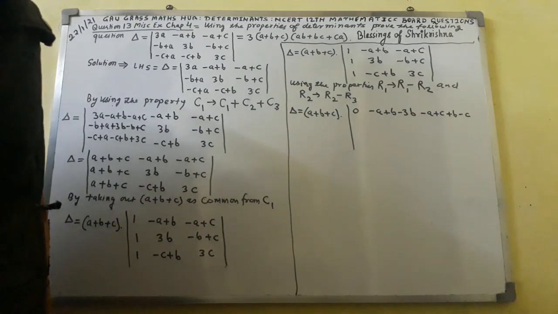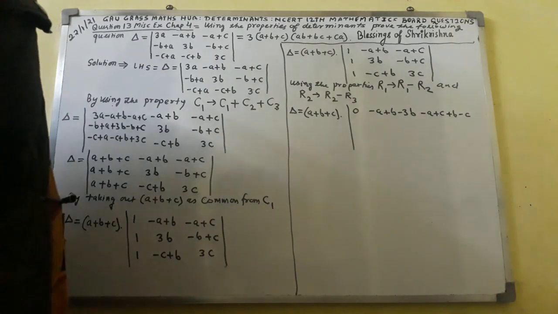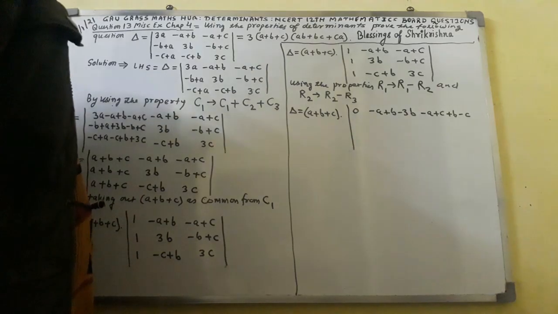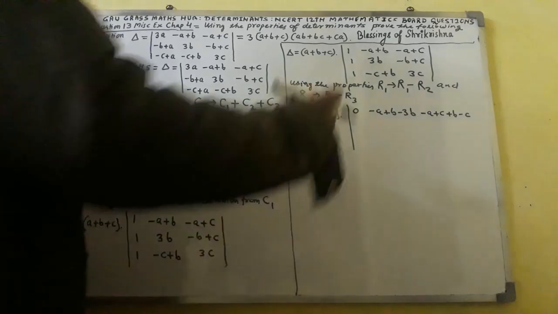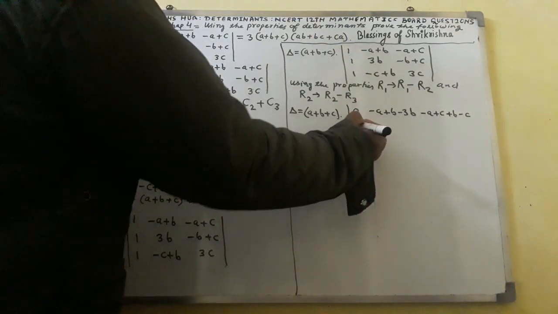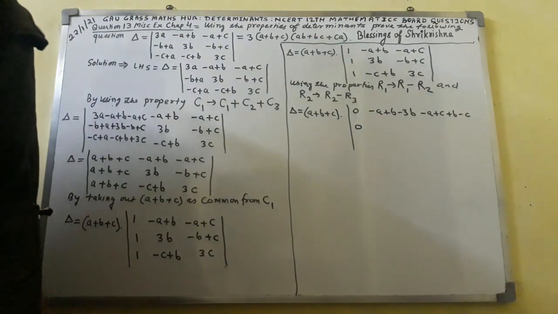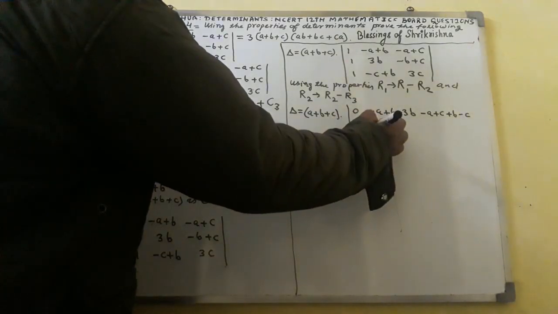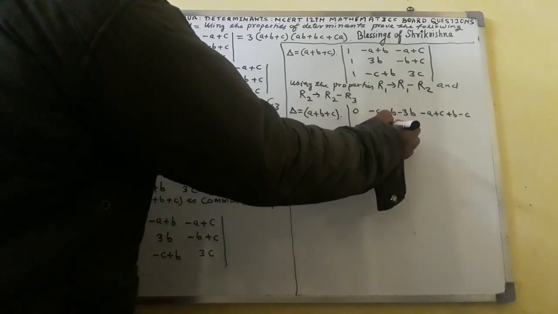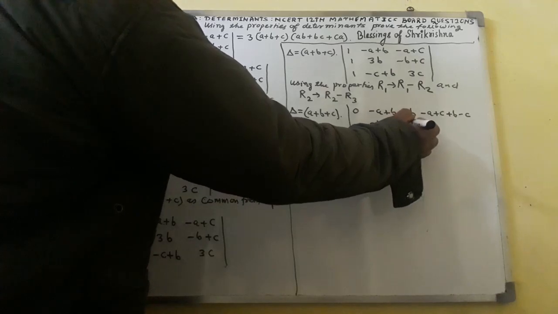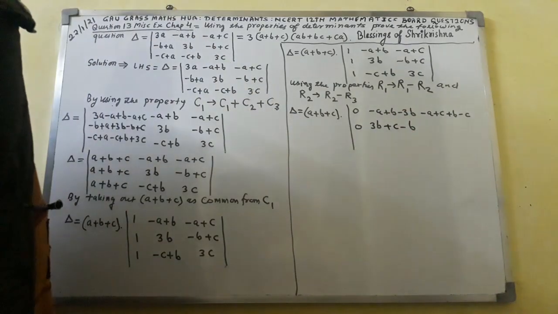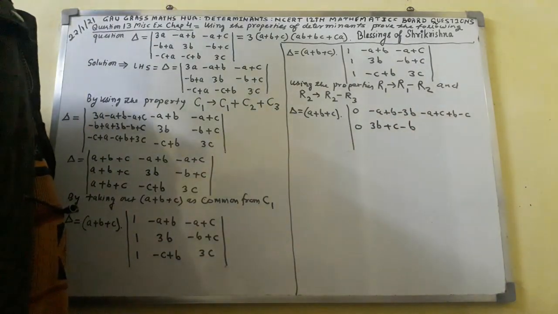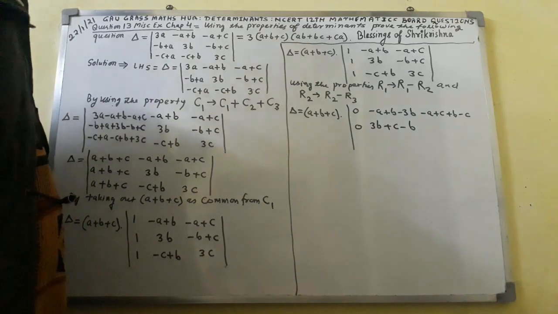And here you will get R2 goes to R2 minus R3. 1 minus 1 comes out to 0, and R2 goes to R2 minus R3, the 3b plus c minus b comes out to be.